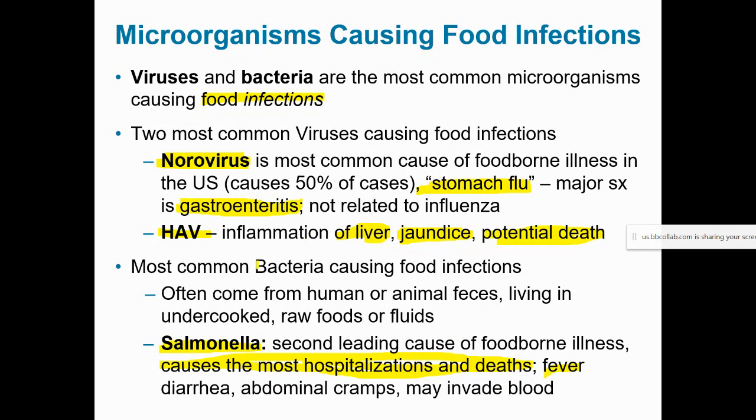Whereas bacteria don't necessarily require a living host. As we talked about on the previous slide, bacteria often live in soil, so animals on the farm and even crops on the farm are going to be side by side with many different types of bacteria. One of the most common ways we see bacterial contamination of food is exposure to human or animal feces, which, especially with animal feces, is not uncommon.